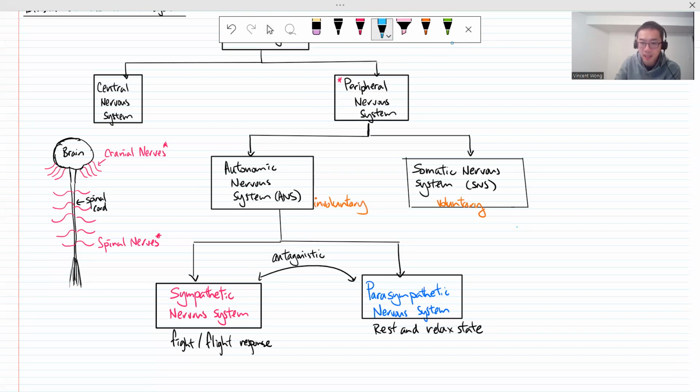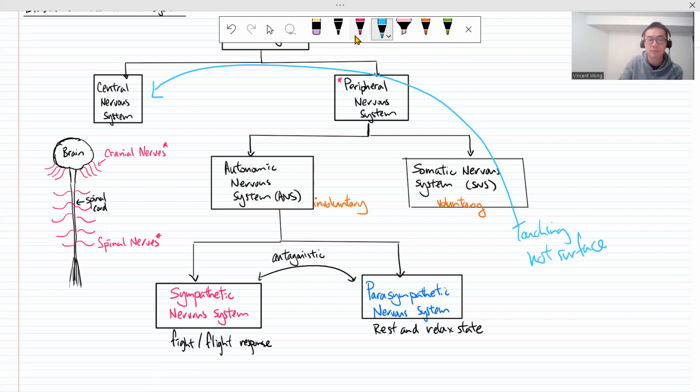Touching a hot surface is going to be picked up by the SNS. It's going to go to the central nervous system, and then whatever motor response comes back out through the SNS so that you can remove your hand. So the blue path is the afferent, AFF, and the red path here is the efferent, the EFF.